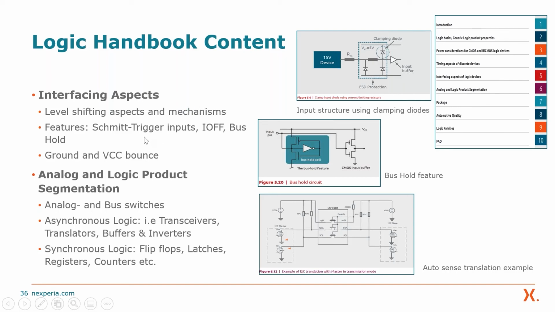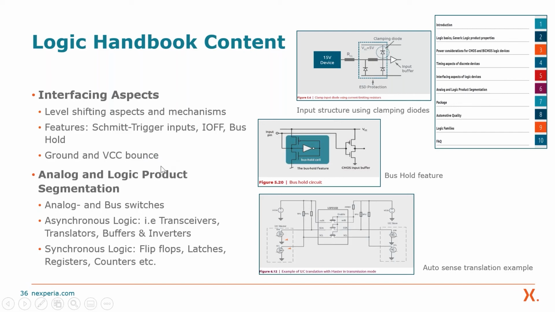Apart from the mechanisms for level shifting, we also look at various features that our devices offer, which are also interface aspects, like Schmitt trigger inputs, the IOFF feature, and, like illustrated in the example in the picture, the bus hold feature, which is useful when inputs are getting disconnected temporarily. Then we also look at general effects associated with the interface, like ground bounce and VCC bounce, and some recommendations on how to avoid them.